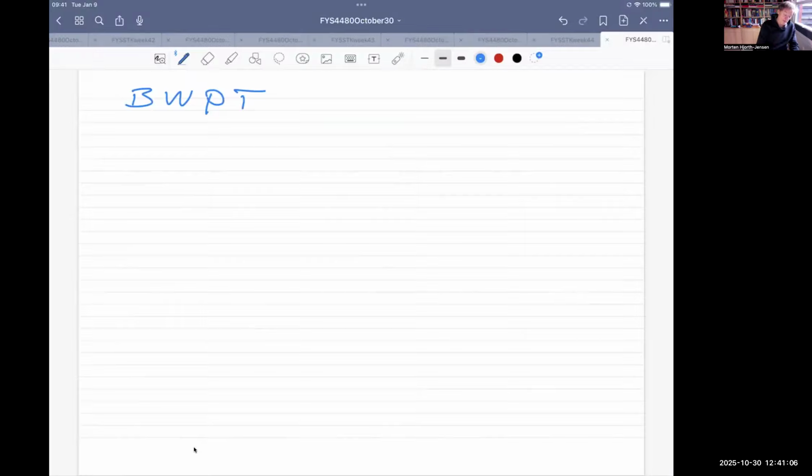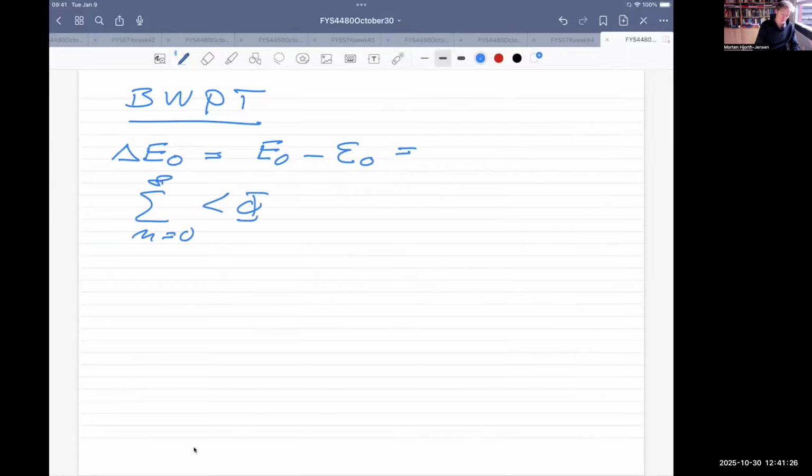So what that means is that the correlation energy, which we have, delta E0, is equal to the exact energy minus the non-interacting energy, which is a known quantity. And this is now given by a sum from n equals 0 to infinity. And then we have phi 0.